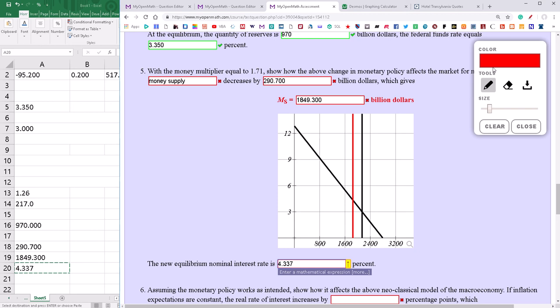So, the open market sale decreased the quantity of reserves.